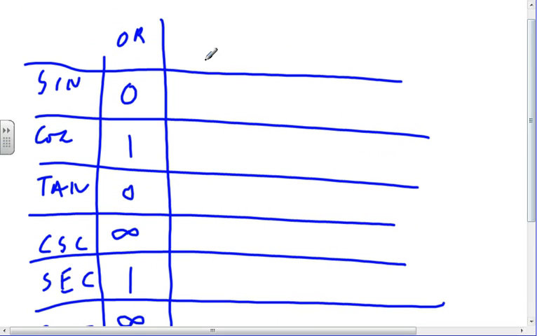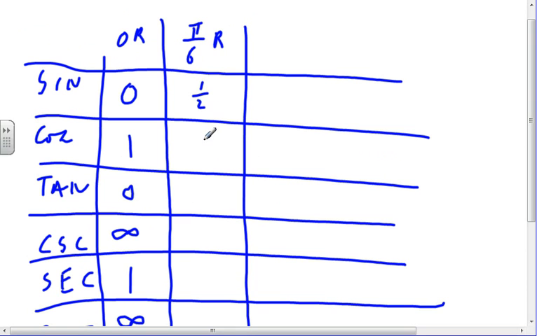Then I think of 30 degrees, pi over 6. 6 goes into 180 30 times, radians. And I think about 1/2, and I think about the square root of 3 over 2, and I think about this, what do I think about? 60, what's the square root of 3 over 3?